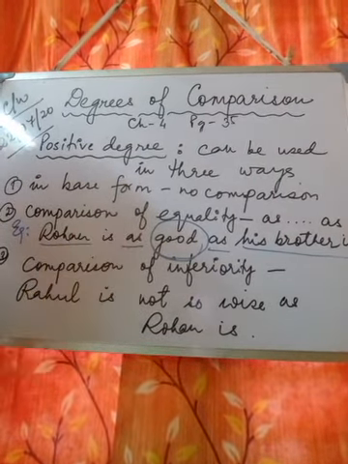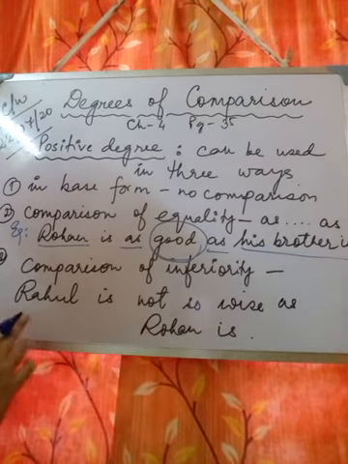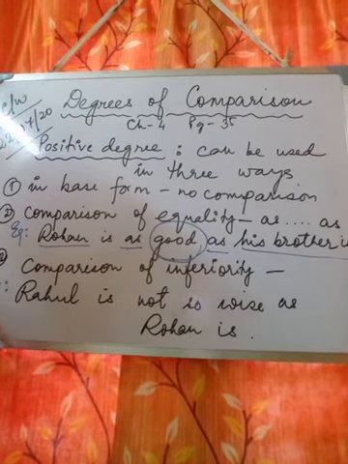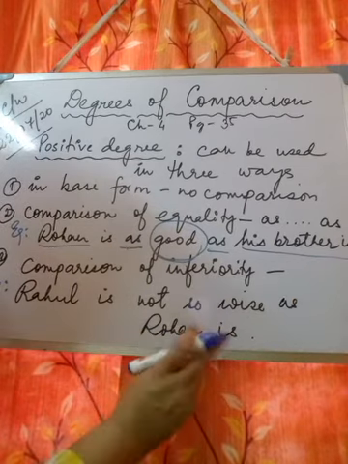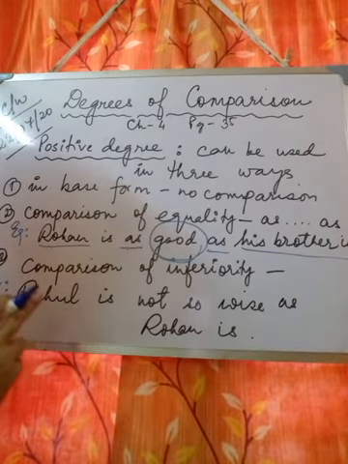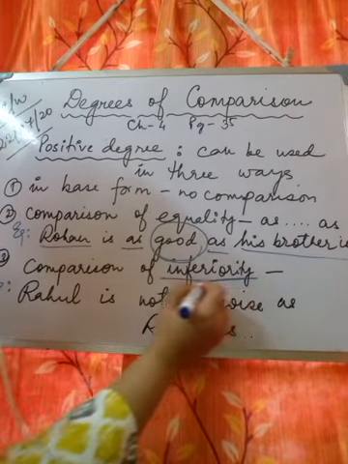Now the third, comparison of inferiority. Here in this example, we find Rahul is not so wise as Rohan is. Here children, the comparison is not of equality. The comparison here is of inferiority.